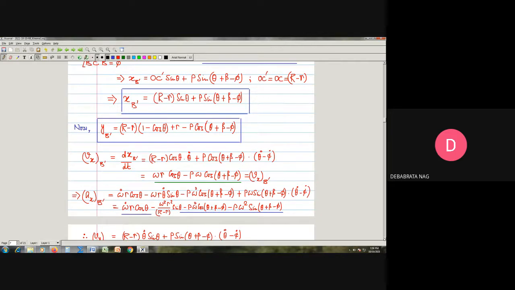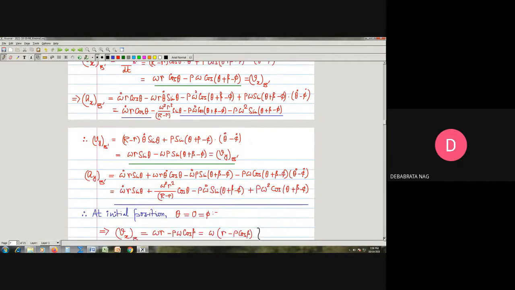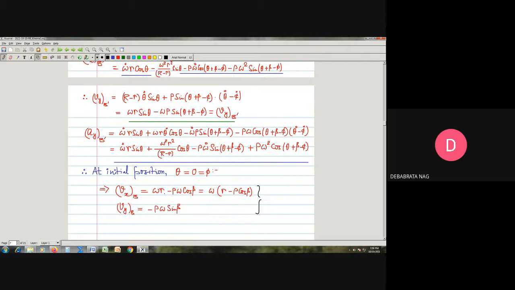Now, since we are trying to calculate the velocity of the point in the initial position, same story. That means you need to make your rho and r equal and beta equal to 0. So you find from here that it becomes r minus small r into cos 0, which is 1. So Vx becomes equal to 0.